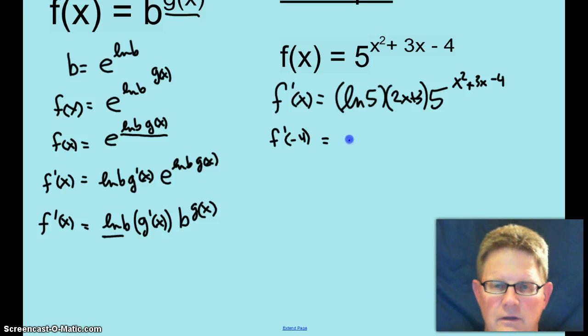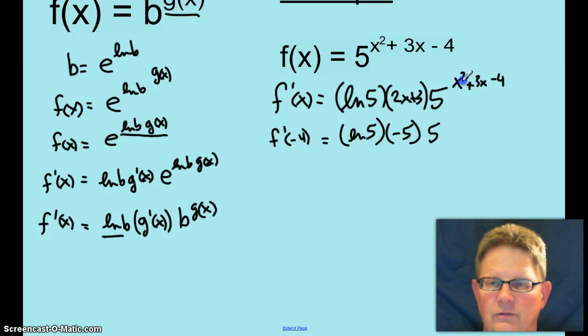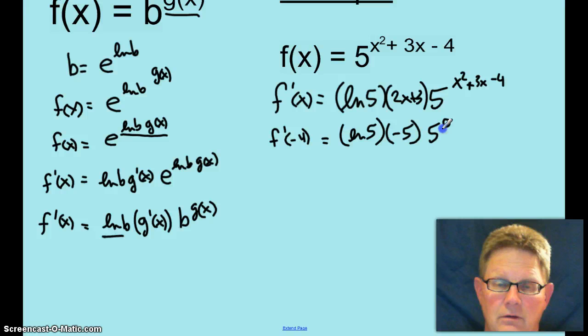So that's going to be the ln of 5 times negative 8 plus 3, which is negative 5, times 5 to the power of negative 4 squared, which is 16, minus 12 minus 4, so 5 to the 0 power.